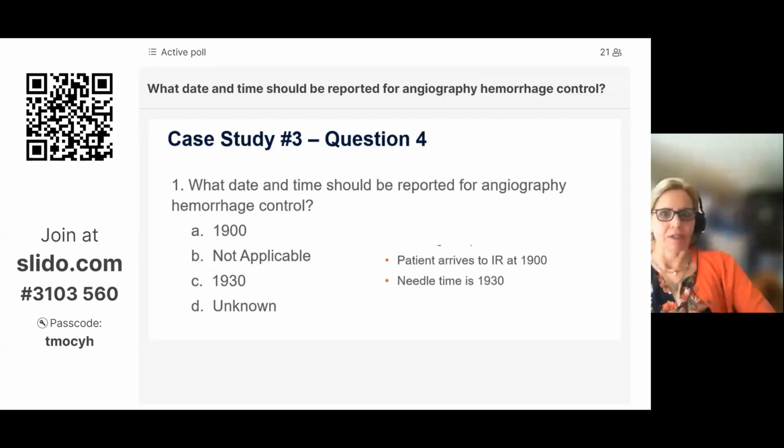And remember, we did that response earlier and said they were just an angiogram only. So these last two are kind of tricky.